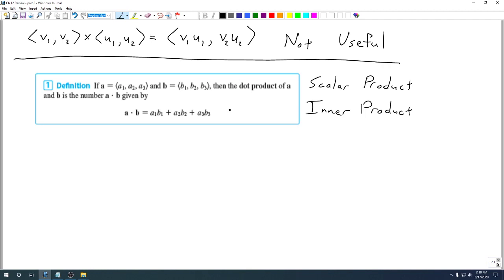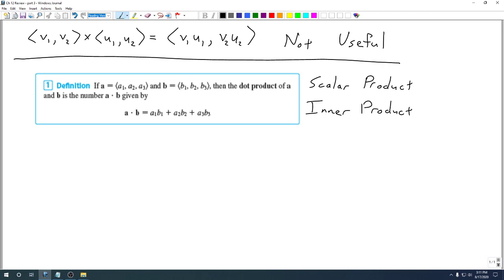If you go on and take linear algebra, you'll see these terms pop up a little bit more. Basically, this is an example of a more general type of product of vectors, and so it has that more specific kind of term, inner product. But the book just sticks with dot product, so we'll just go ahead and use that terminology.